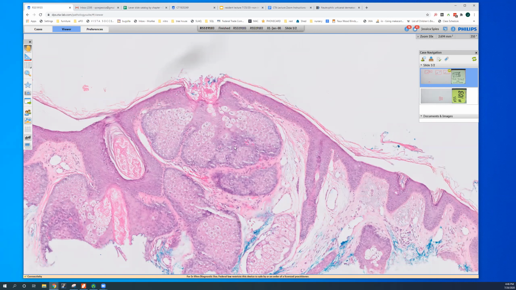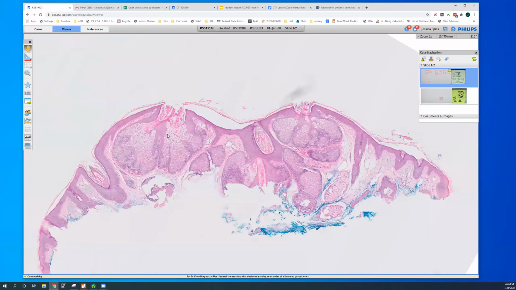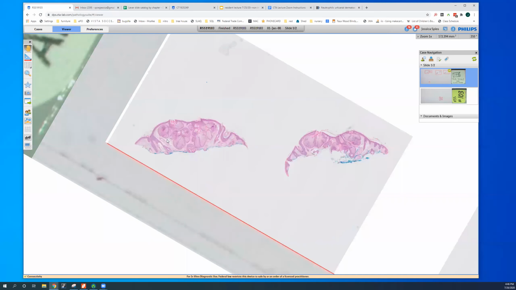And in addition, these lobules, some of them are entering onto hair follicles, but others kind of look like they're entering directly onto the epidermis. I think that's another clue to this, that this is a neoplastic sebaceous lesion rather than sebaceous hyperplasia. And you can see it has this nice kind of smooth outline at low power.